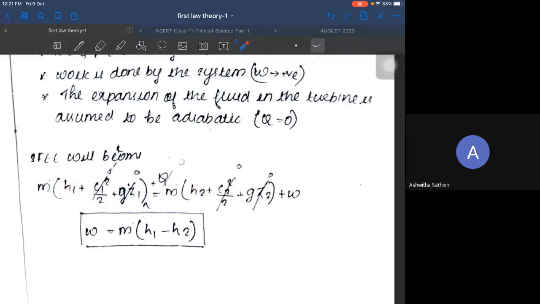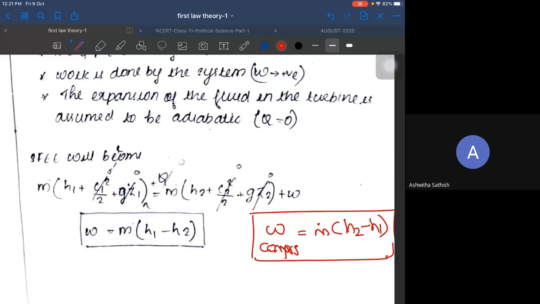So put W here and transfer H to the other side. You'll get m into H1 minus H2. If you remember, the work done expression for the compressor was m dot into H2 minus H1. For the turbine, it is H1 minus H2, just a small difference.